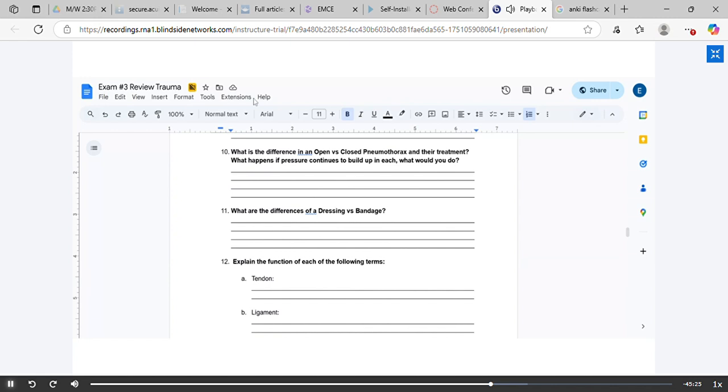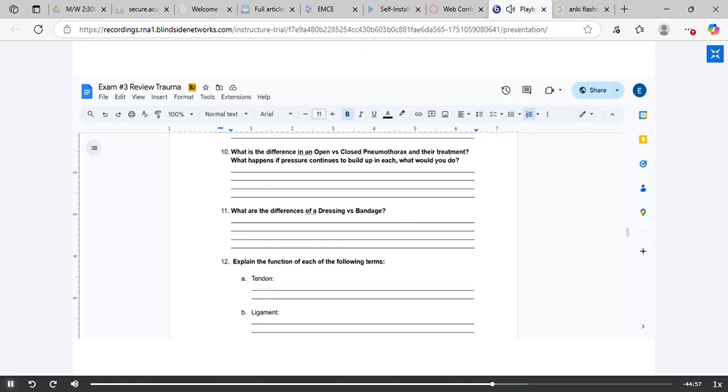Either one of these, an open or a closed, or even a spontaneous pneumo, can develop into a tension pneumo if the air continues to accumulate, and that tension pneumo is going to cause obstructive shock and other problems, right? You're going to have diminished and absent breath sounds on the affected side, continued shortness of breath, and your vitals are going to show developing hypotension and things like that.